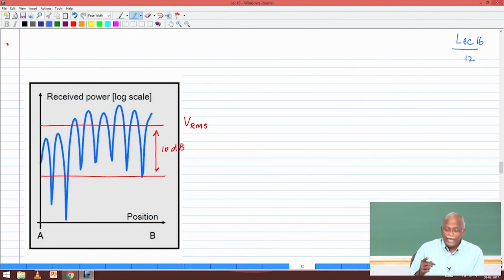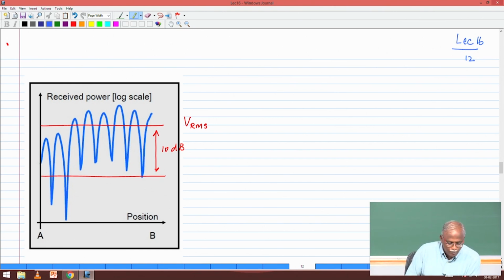Now if I do not have any additional margin, what is the probability that I will have outage? Let me say that I am at the edge of coverage with respect to path loss and shadowing. I am at the edge of coverage. Now fast fading occurs over and above that, but I have not allowed for any additional margin.